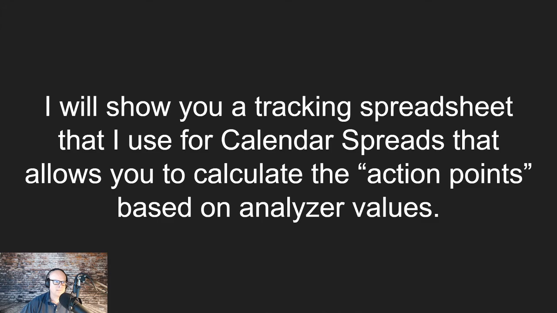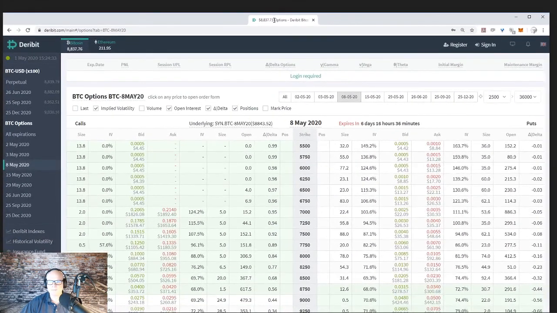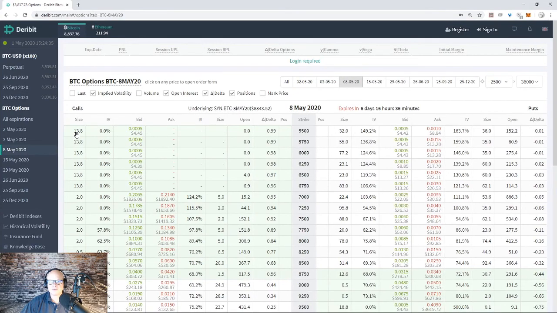Okay. So if we're looking through something like this, like in Deribit, and again, there's no perfect ones here because I could do 29 May, or the back option could be as late as 26 June. Let's do just the 8 May.